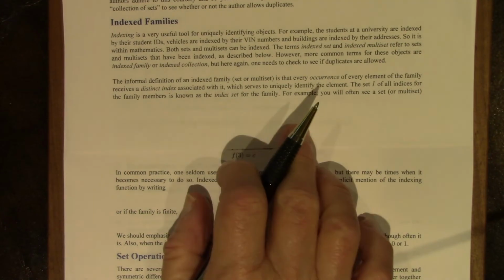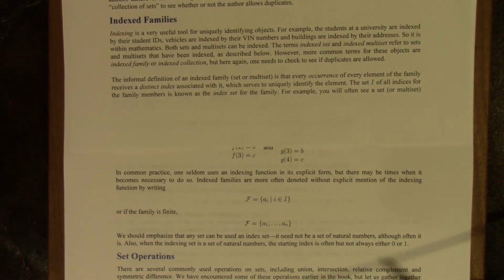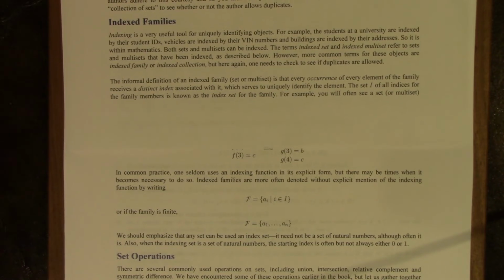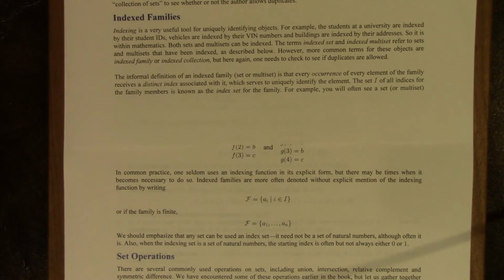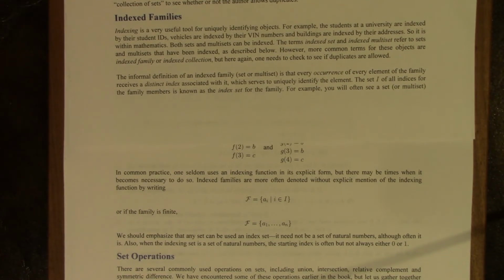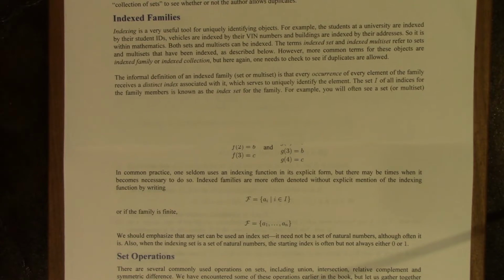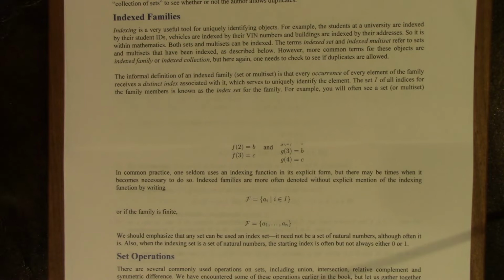The informal definition of an indexed family, and by family I mean either set or multiset, is that every occurrence of every element in the family gets a distinct index. Not just every element, but every occurrence of every element. Now that applies to the multiset case.